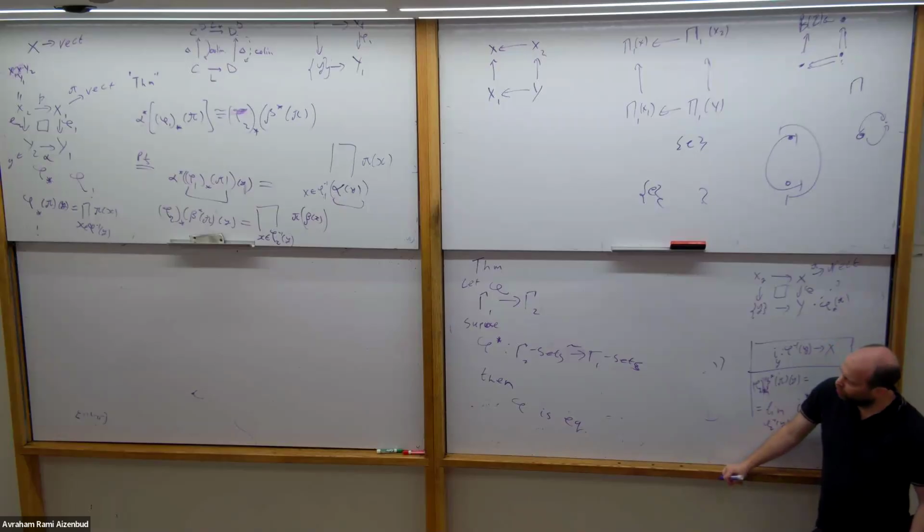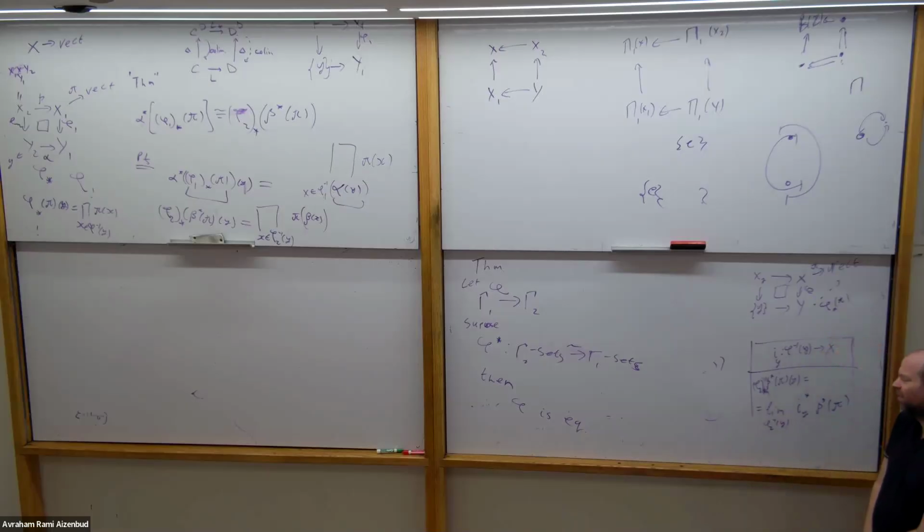So we have gamma 2 next to gamma 2 sets. Okay, it should be easy.